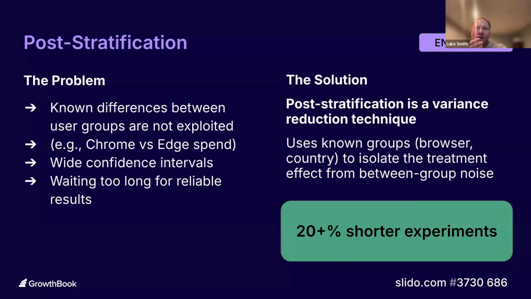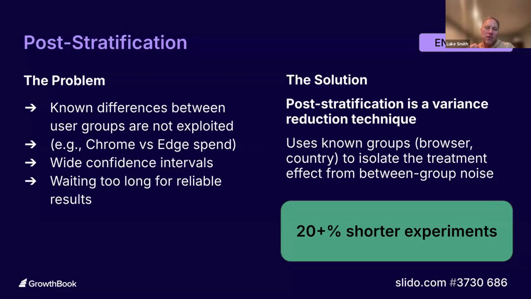Awesome. Thanks, Ryan. Okay. So yeah, with post-stratification, basically what you're doing is you're just using the information that is in your data better. So historically in GrowthBook, if you knew that there were differences in some of your user subgroups, we weren't able to exploit those differences to give you narrower confidence intervals or give you faster results.